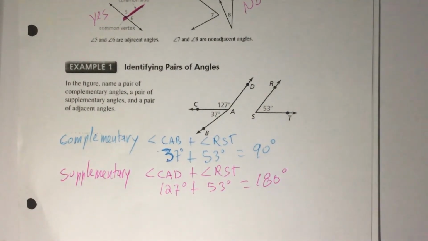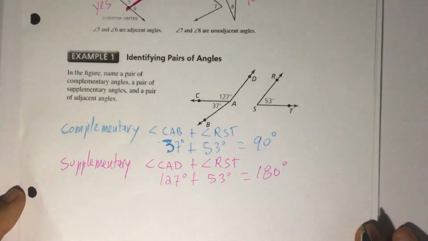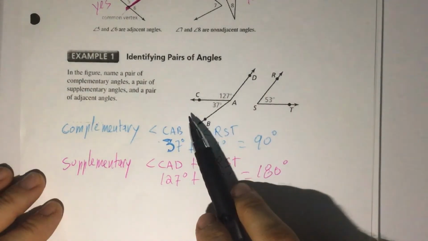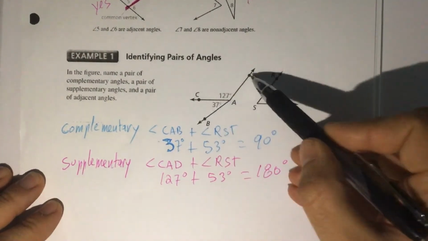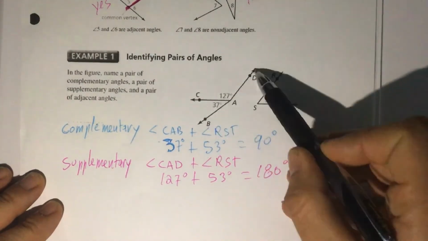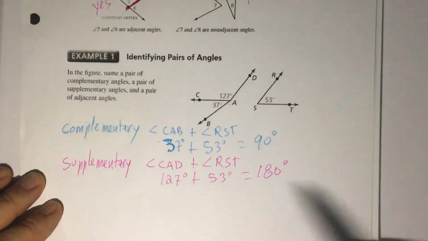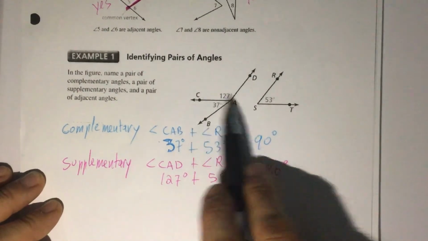And finally, we're looking for two adjacent angles. Remember, adjacent angles have to share a side and a common vertex. It's like I told you, it's kind of the condominium angles. That's what I call it. So the only ones here that are adjacent will be these angles, CAD and CAB. So they are sharing that right there, right? They're sharing CA.